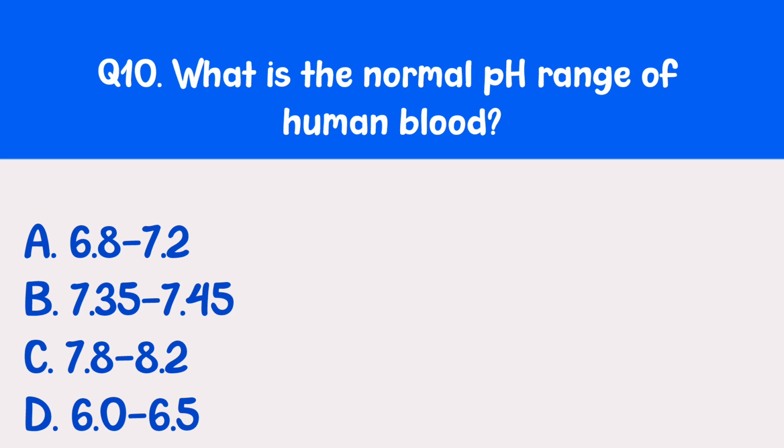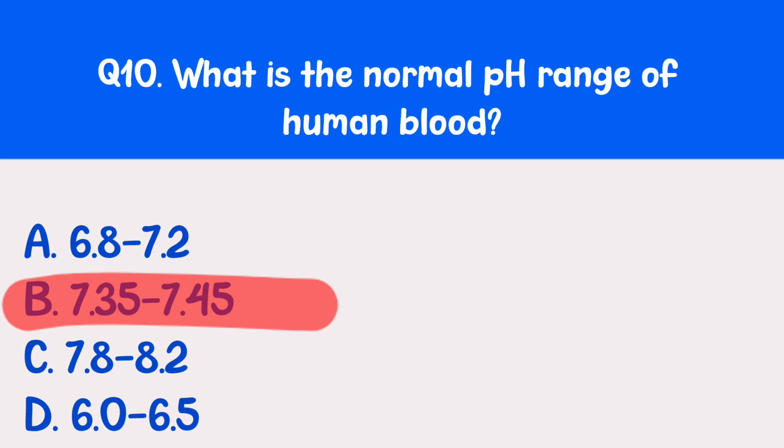Our answer here should be B, 7.35 to 7.45. And this is because the blood is slightly alkaline, and this is to support enzyme activity and also cellular functions.